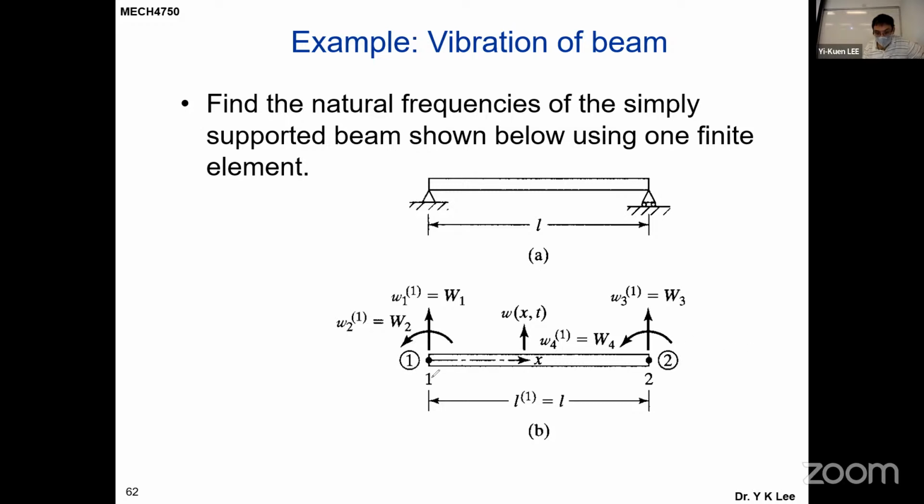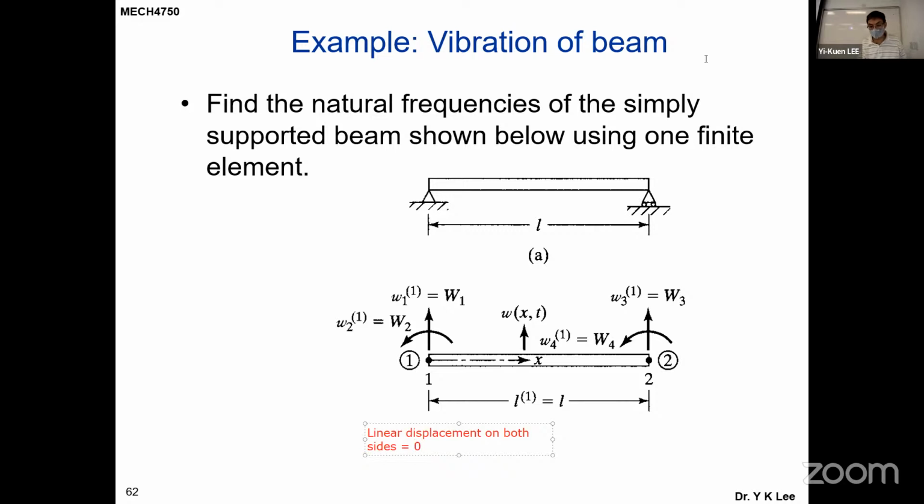So basically we have a linear and angular displacement on the left-hand side and right-hand side. And because of the simple support, what happened? Our linear displacement on both sides will be 0.